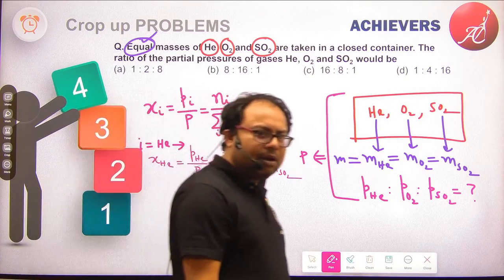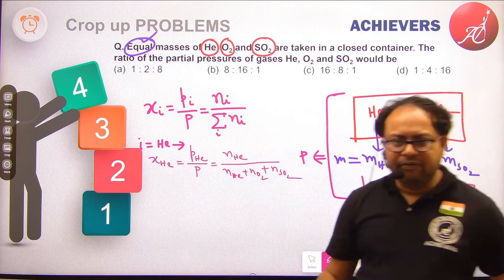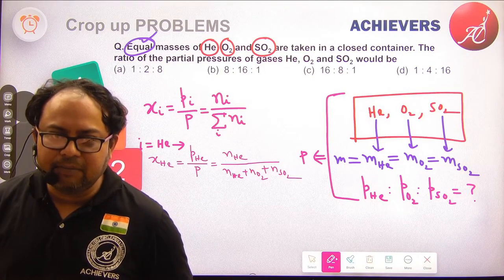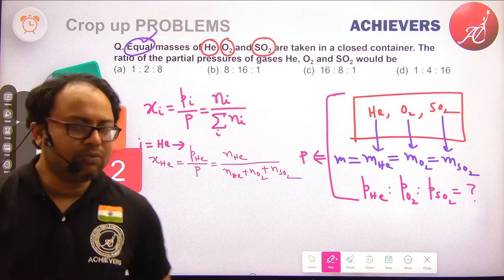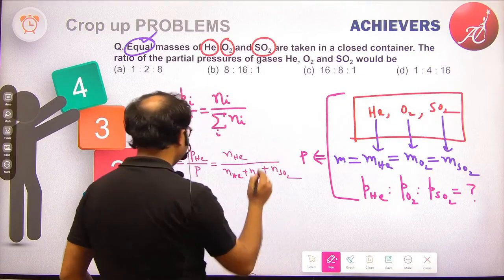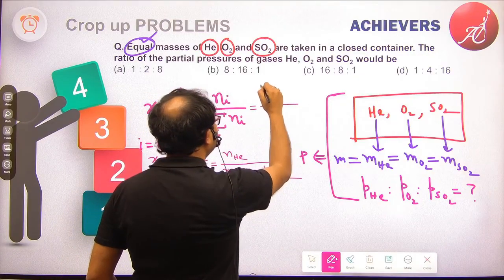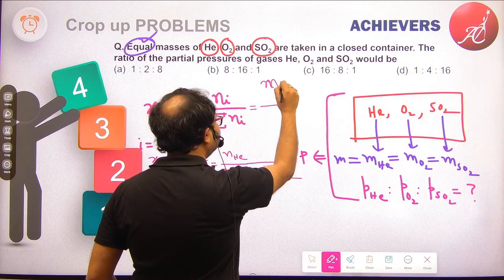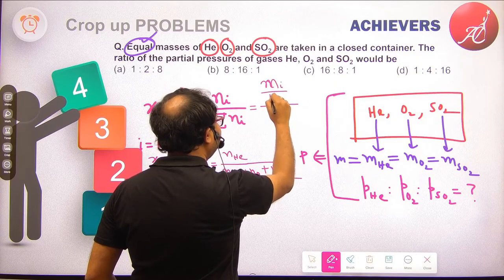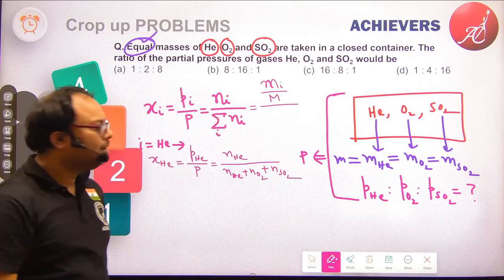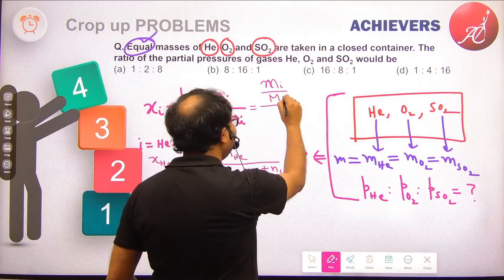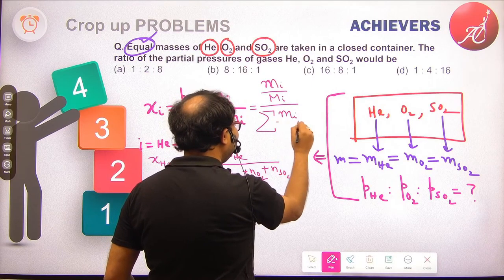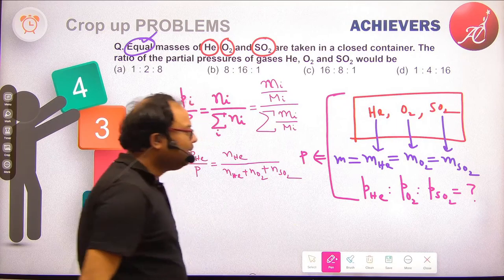Now, the data is not given in terms of number of moles. It's given in terms of mass. So what to do? Number of moles means mass of i divided by molar mass of i.